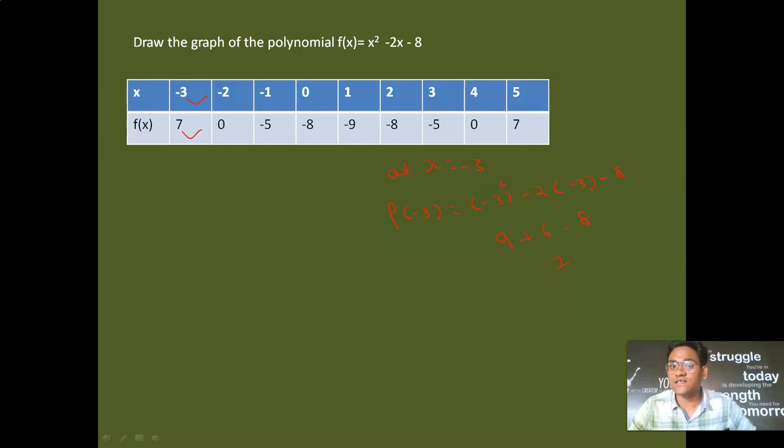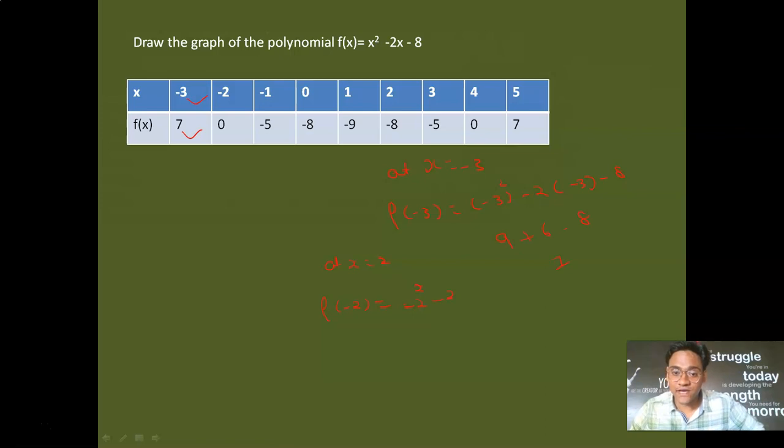When you put x is equal to -2 in this, you will get f(x) is equal to 0. That means this -2 is going to be the zero of this polynomial, because at this point the graph is going to meet the x-axis. Clear? f of -2: at the place of x I am putting -2.